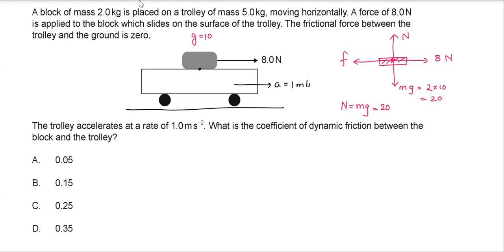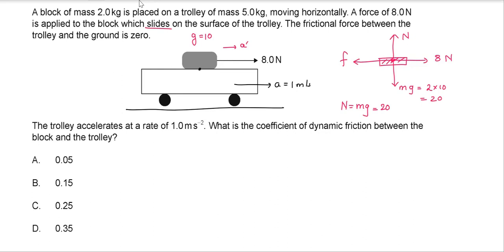In the horizontal direction, the object is accelerating, but we don't know how much, because we only know that the trolley is accelerating and the block is sliding on the surface of the trolley. That's what they mention in the question. So we can't take the acceleration of the trolley and the block to be the same; they can be different.